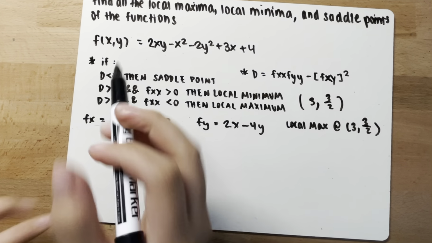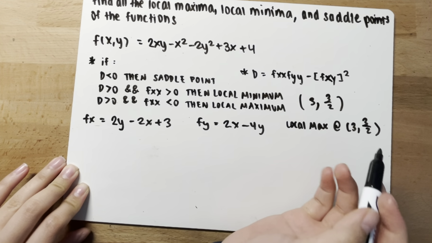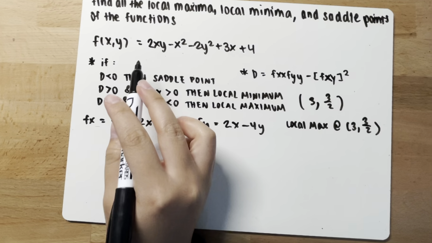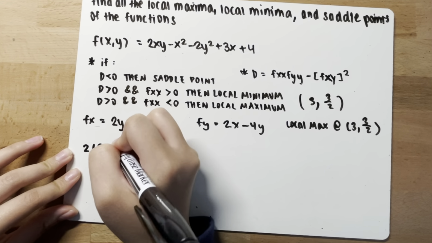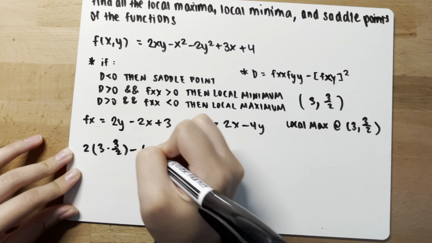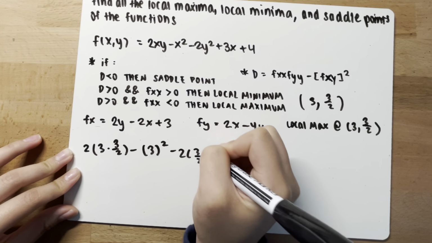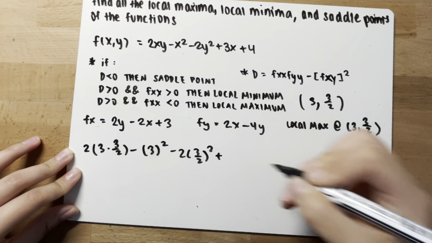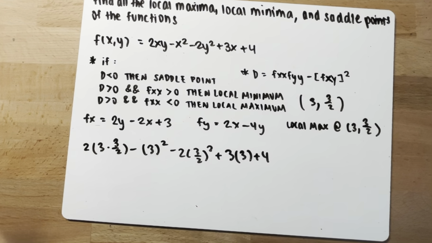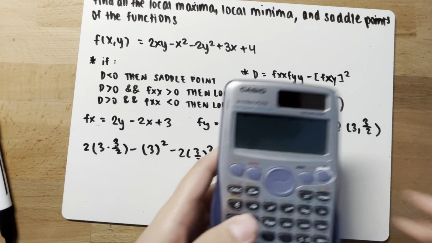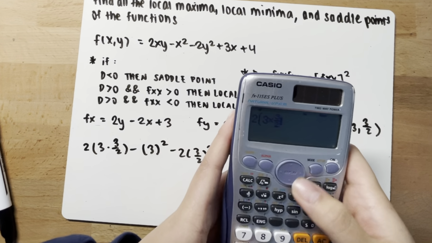Now what you want to do is find out where exactly it is going to happen. And to do that, you are going to substitute (3, 3/2) into this equation right here. So you have 2 times 3 times 3/2 minus 3 squared minus 2 times (3/2) squared plus 3 times 3 plus 4. Now you want to evaluate.